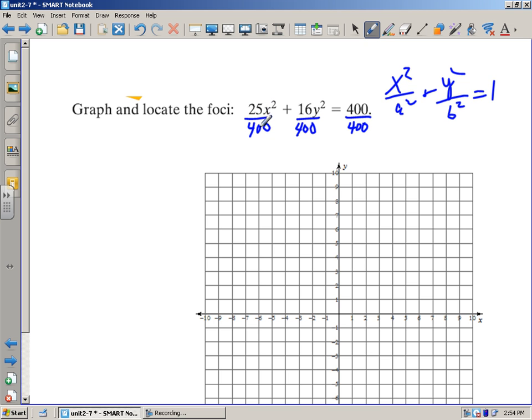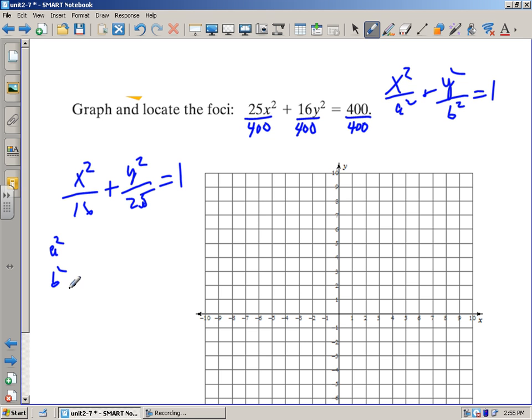So 25 over 400 is actually 1 over 16. So I'm going to write x squared over 16 plus, and this is going to be 16 over 400, which is 1 over 25. And then that's going to equal 1 because 400 over 400 is 1. So now I've got a squared and I've got b squared.